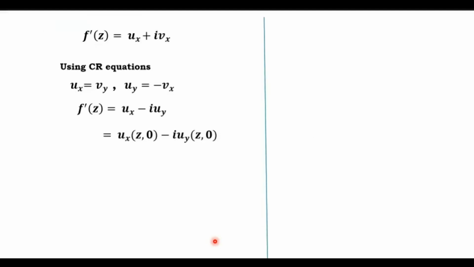These steps are same every time. So f dash of z, we know it is ux plus ivx. Since vx is not known, we are replacing vx by minus uy using the CR equations. And then substituting for uy was minus 2z, that is why यहाँ पे plus आ गया.